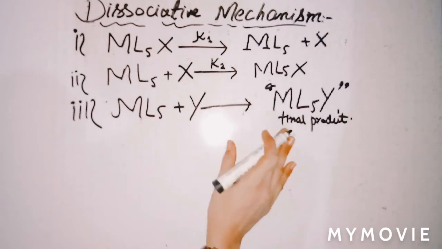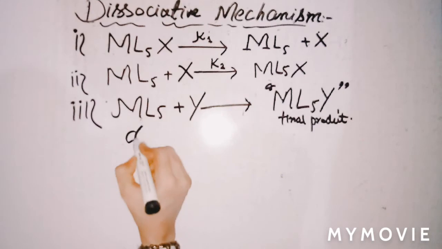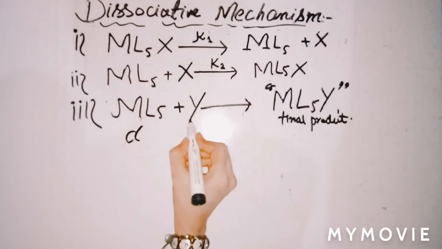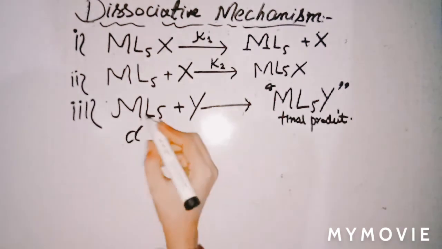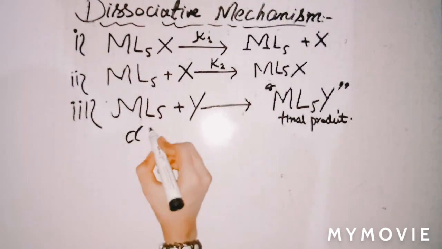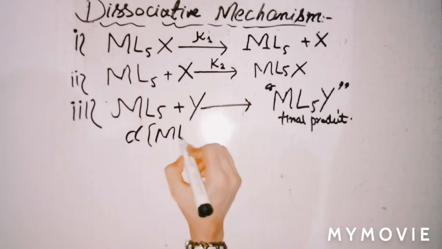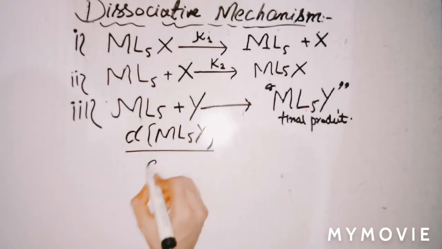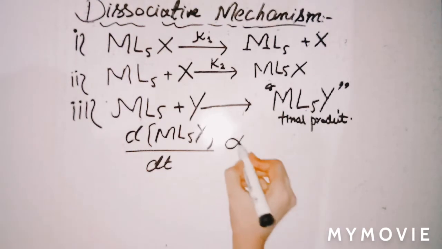The rate of formation of product, ML5Y, is directly proportional to the concentration of the reactants.